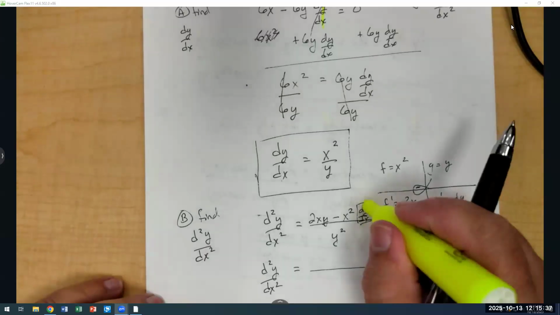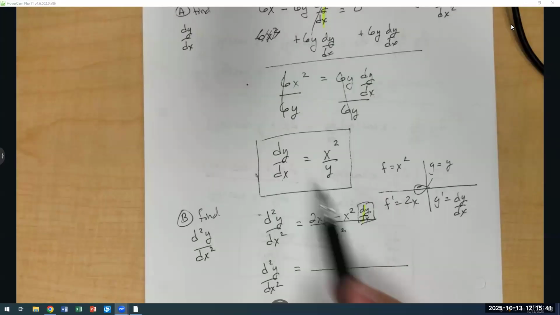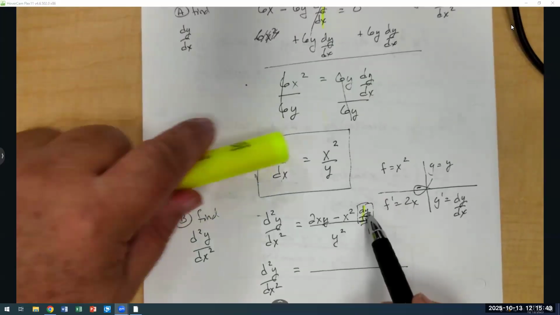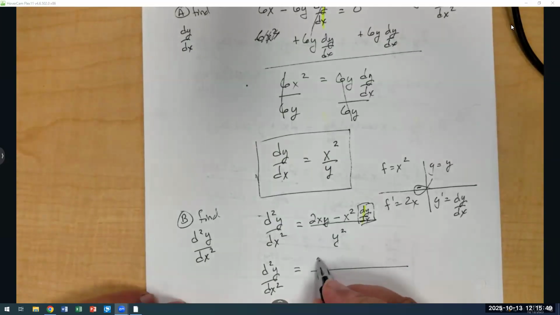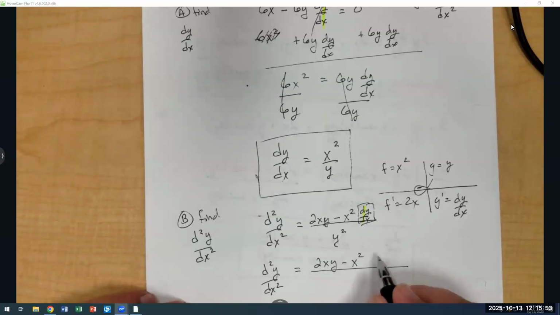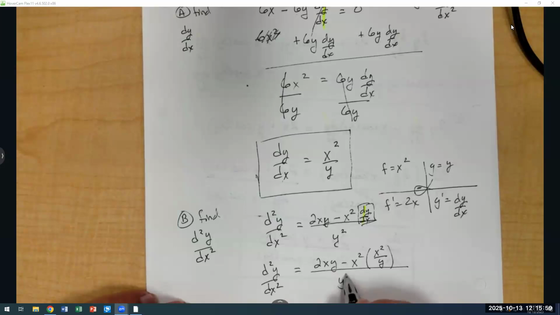We don't have a dy/dx yet, but we did find it earlier. So anywhere we see y dy/dx, we put x squared over y in its place. So we have 2xy minus x squared over y squared.